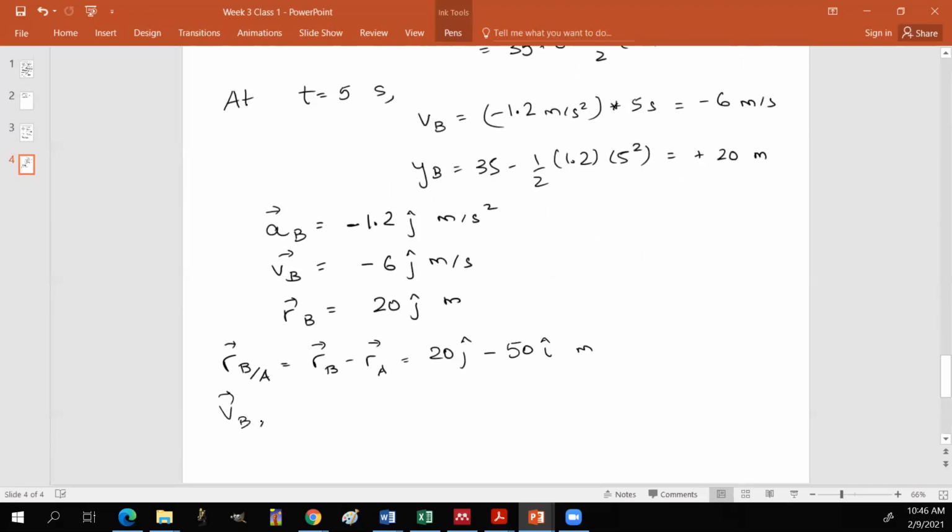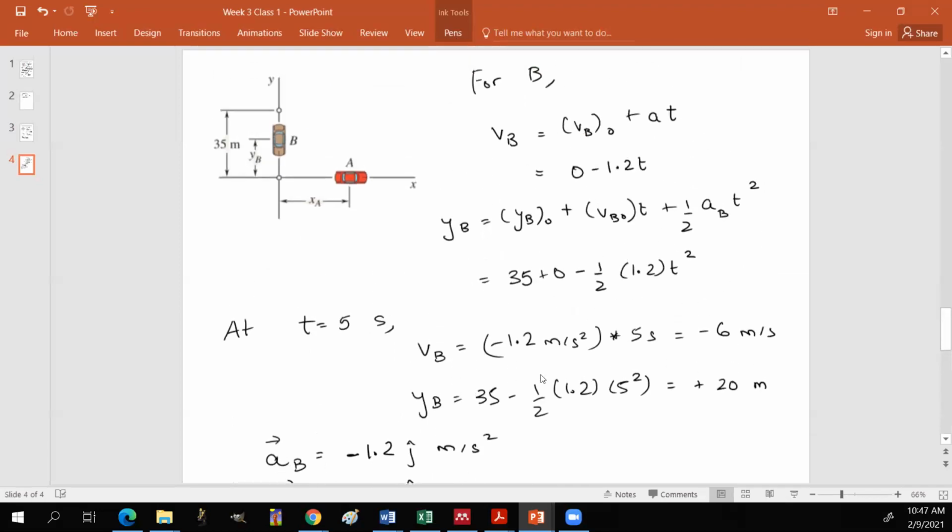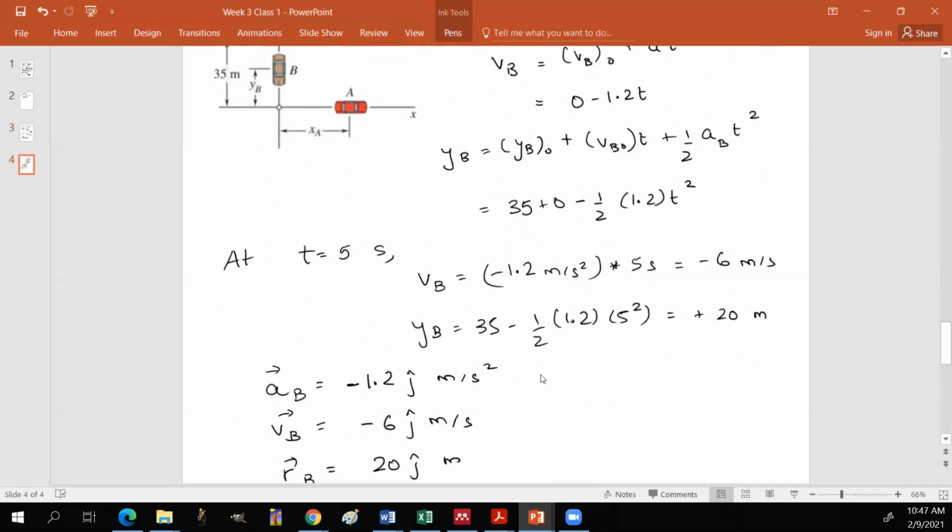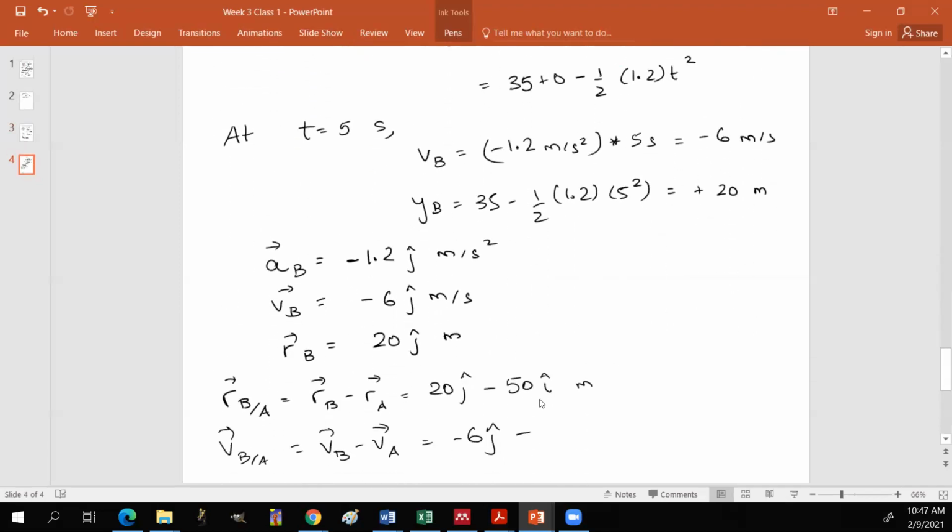Velocity of B relative to A is just equal to VB minus VA. So that's minus 6 j hat minus, what was VA? 10 i hat. So minus 10 i hat meters per second, right?